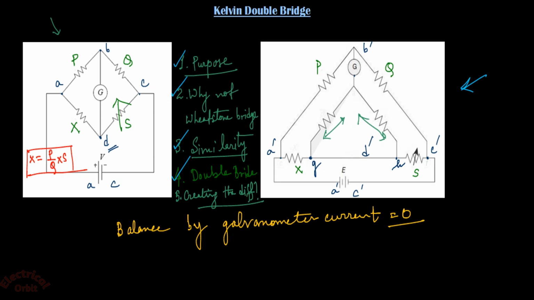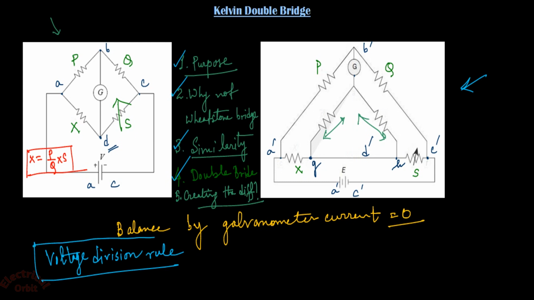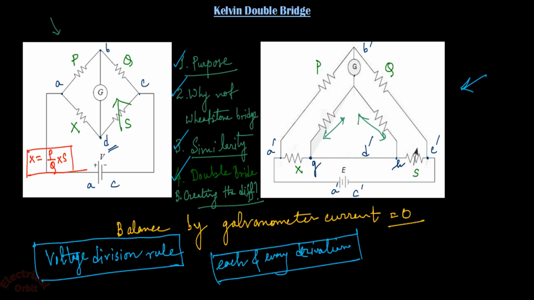Now the same concept is applicable in the Kelvin double bridge, as we have to apply the voltage division rule here also. I am not calculating the entire derivation because this is a short course. When I make a long course on this measurement series, I will try to define each and every derivation of all the things.